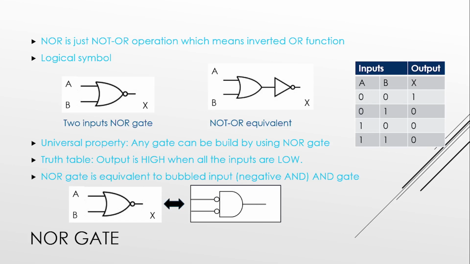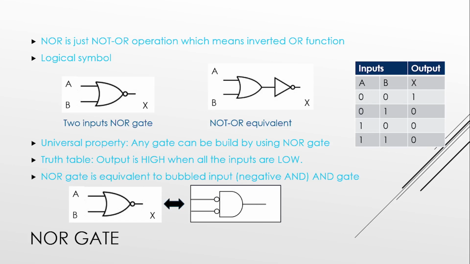Now, one important property is that any gate can be built by using a NOR gate. That we will see afterwards, that even a NOT gate, AND gate or OR gate can be built by using NOR gate, and this property of NOR gate is called the universal property, and therefore NOR gate is also known as universal gate.